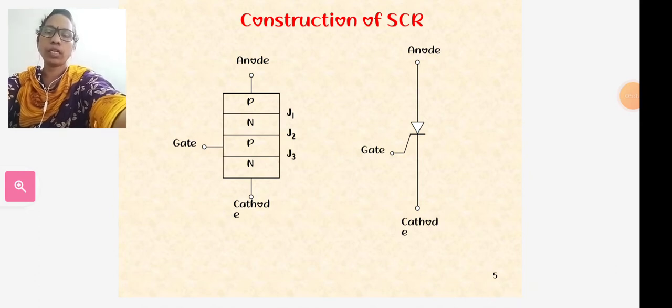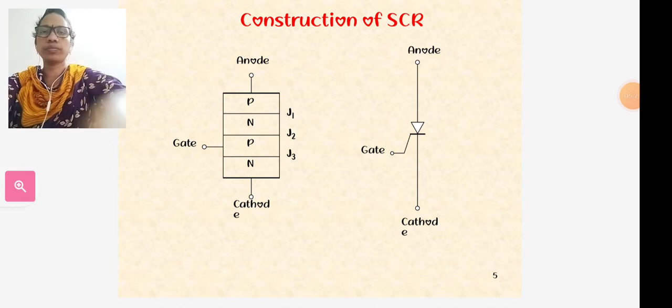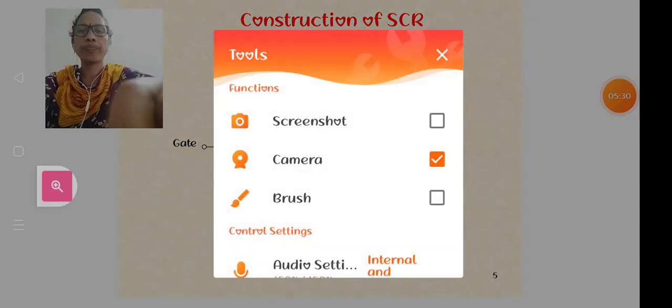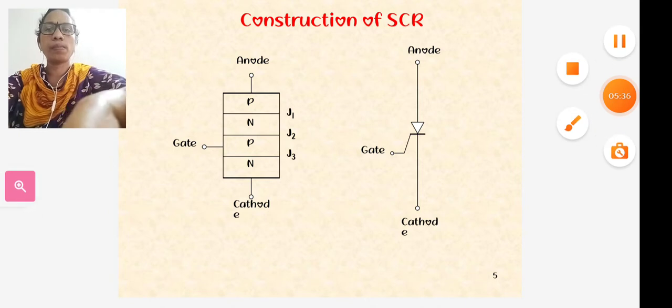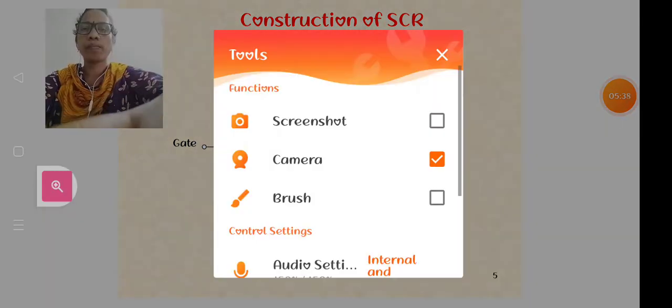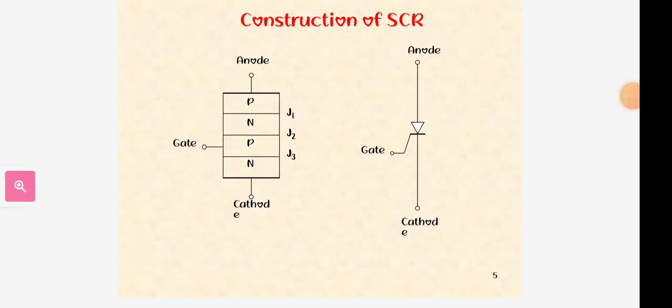It has three terminals: anode, cathode and gate. This is the SCR symbol.